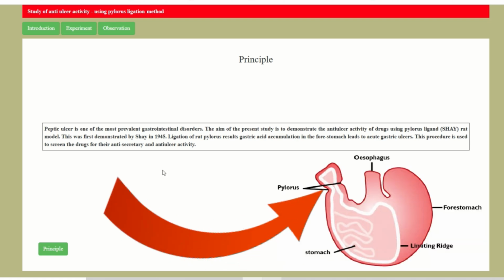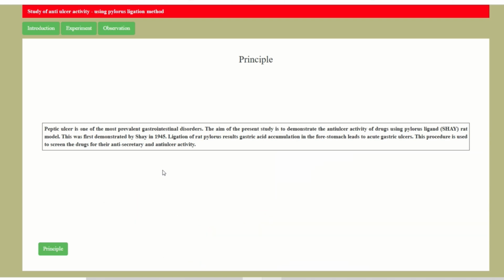So in this experiment we are going to ligate the lower end of the animal's stomach, and because we have ligated the lower end, it accumulates all the acid contents secreted from the stomach. Because of the secretion, the acid accumulates inside the stomach, and long accumulation of the acid produces ulcers inside the stomach.